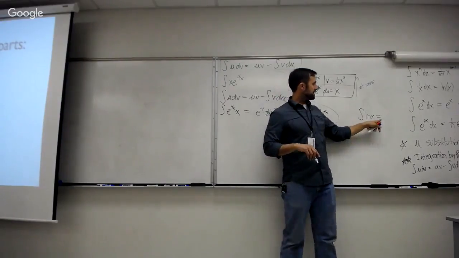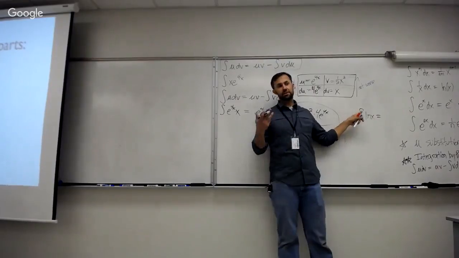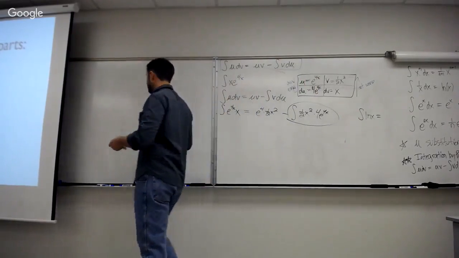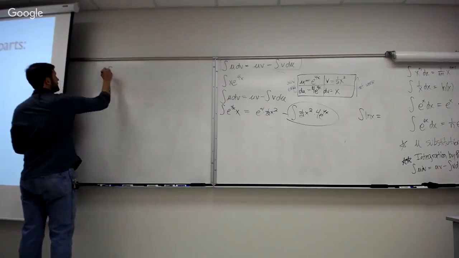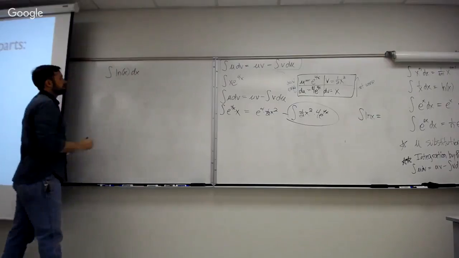And so I'm curious, what is that? That would be a very natural thing to want to ask. What's the integral of natural log of x? Well, we have no formula for it, so let's see if we can find it. Let's find the integral of natural log of x.